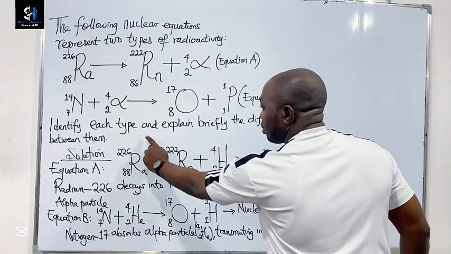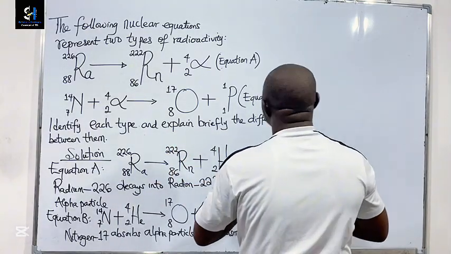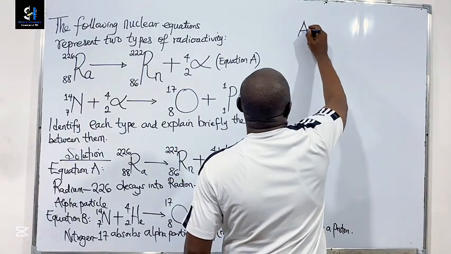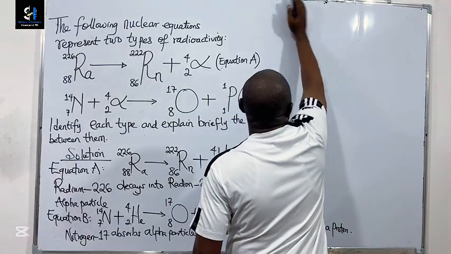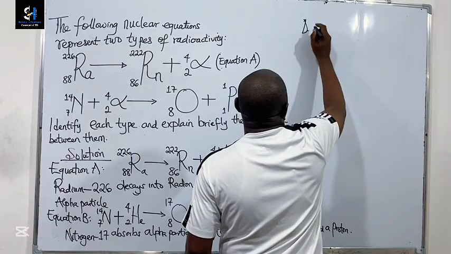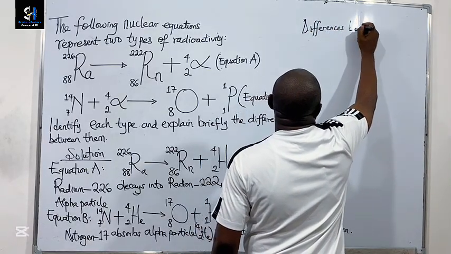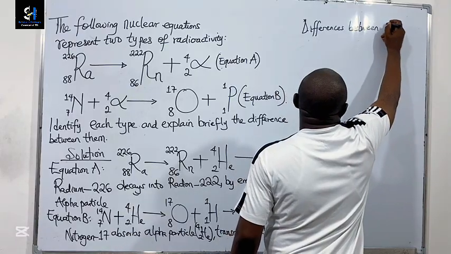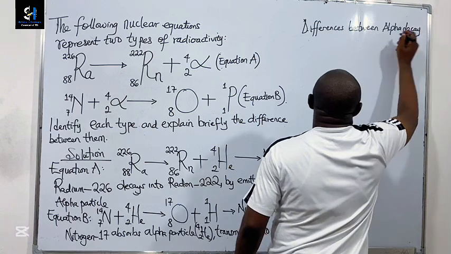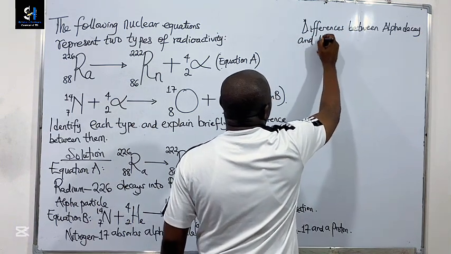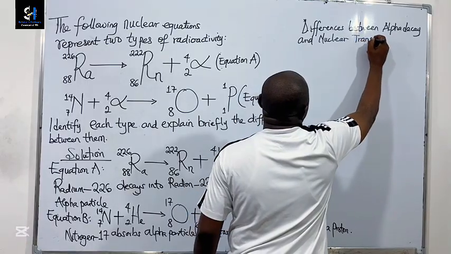The second question is to explain briefly the difference between them. Let me write the differences between alpha decay and nuclear transmutation.